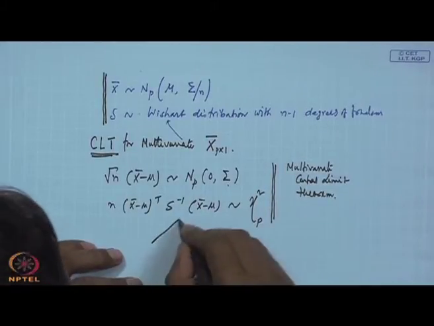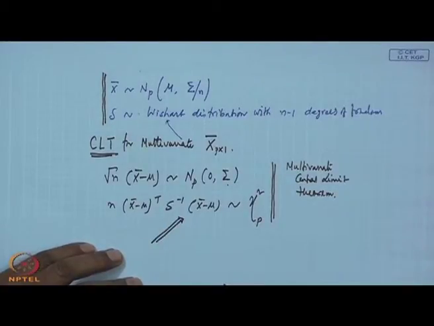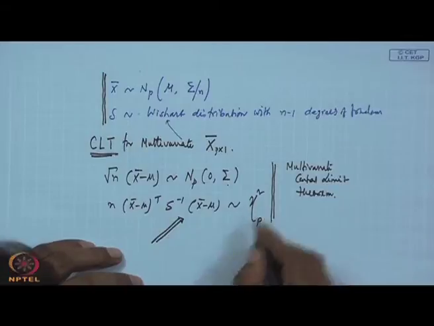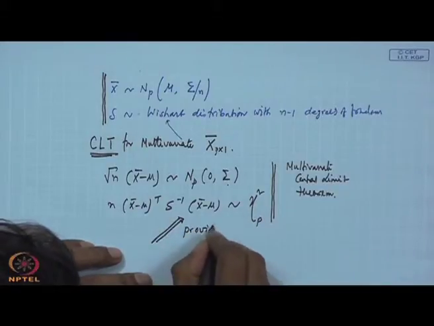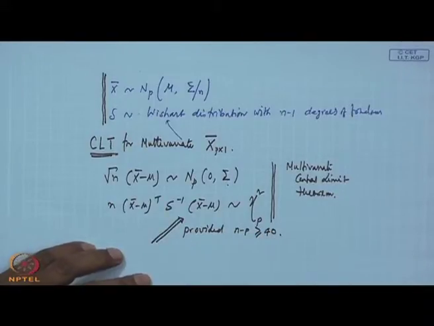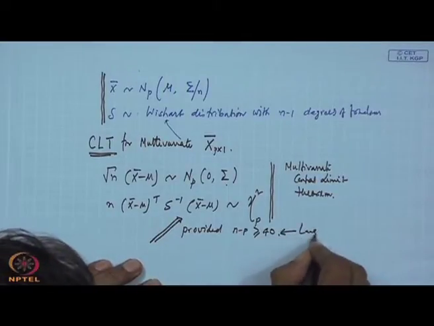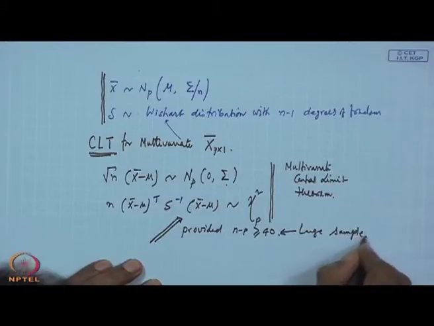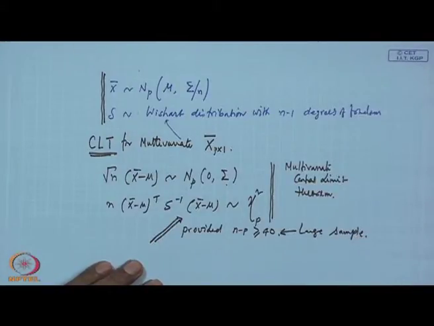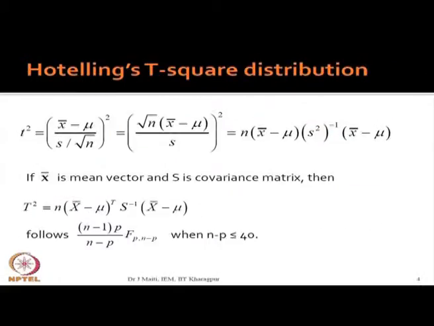This second part, that n times x bar minus mu transpose S inverse x bar minus mu follows a chi-square distribution, holds provided n minus p is greater than or equal to 40, that is a large sample. Okay. Now, what will happen when your sample size is small?